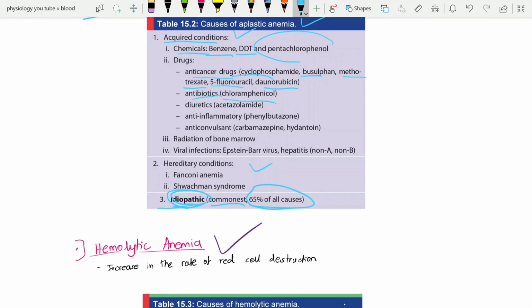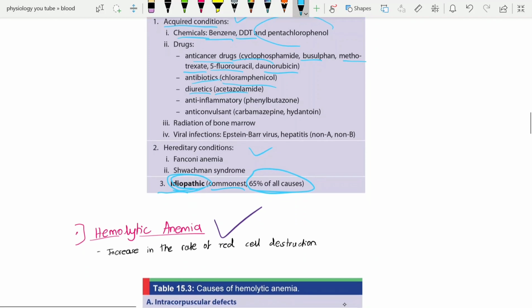Antibiotics: chloramphenicol; diuretics: acetazolamide; and anti-inflammatory phenylbutazone. Anticonvulsants: carbamazepine and hydantoin. Radiation of bone marrow, and viral infections such as Epstein-Barr virus and hepatitis non-A non-B. In hereditary conditions, Fanconi anemia and Schwachman syndrome.